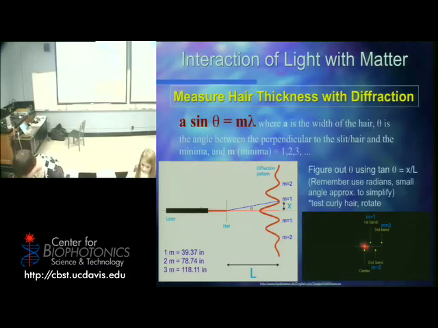It all depends on where you tape your hair. We also have scissors to cut your hair if you don't want to pull it. We have to take down the laser.